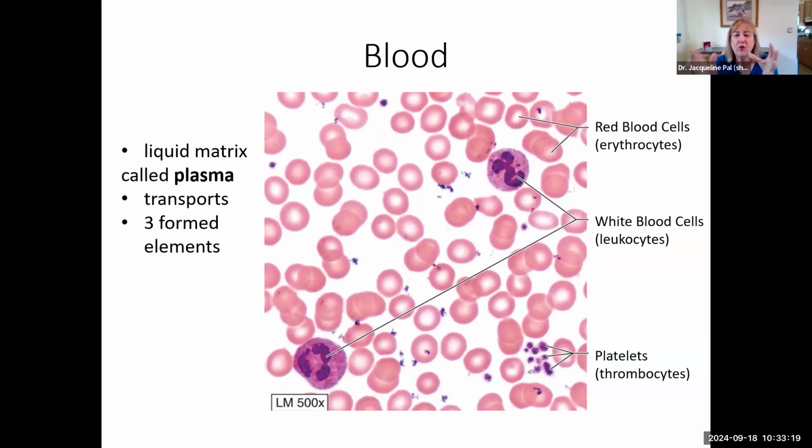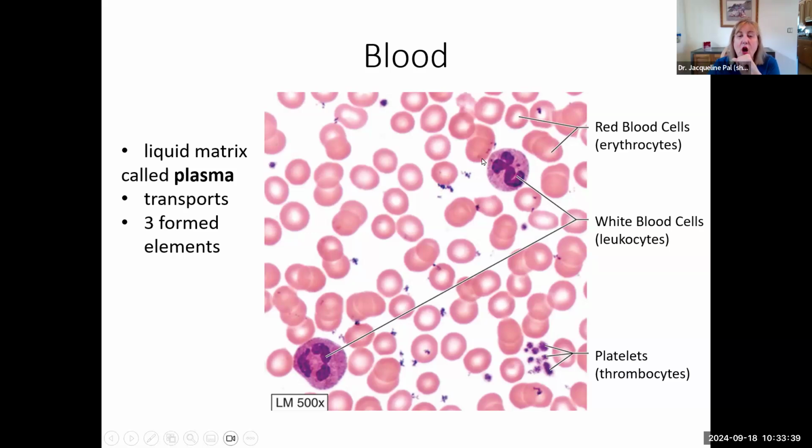But we have three formed elements. Okay. We have what you know as red blood cells. Later on, you'll learn them as erythrocytes, which just means red cells. These are these round things that don't have nuclei in them.